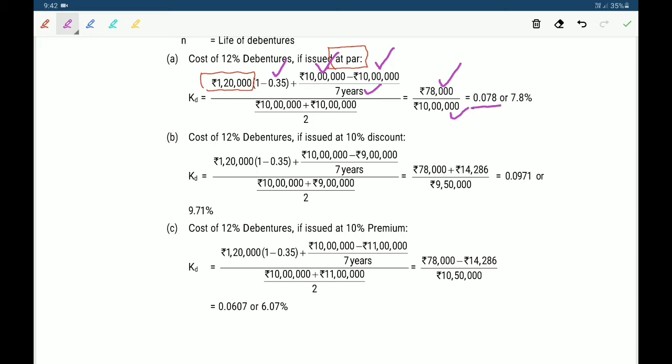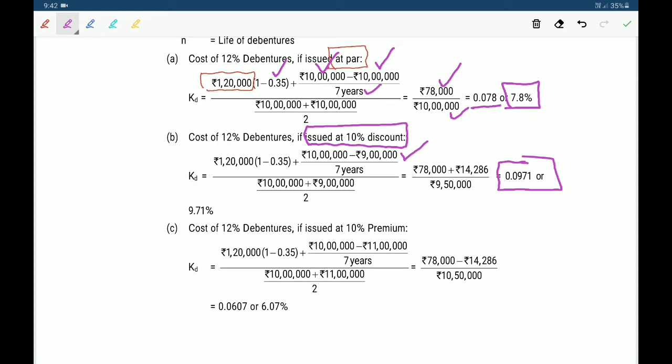That gives 0.078, or 7.8%. If issued at 10% discount, what will be the change? It's 9 lakhs because of the 10% discount. The remaining are the same, so the answer will be 0.0971.